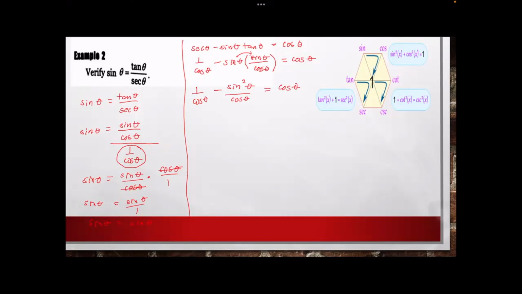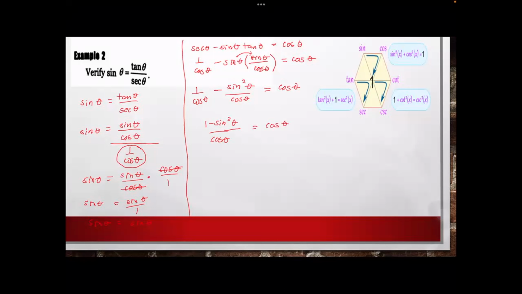Pareha sila ng denominator, so magkakaroon tayong 1 over cosine theta minus sine squared theta over the cosine theta. Pag-isahin natin siya. So, magkakaroon tayo dito ng cosine theta, then 1 minus sine squared theta is equal to cosine theta.